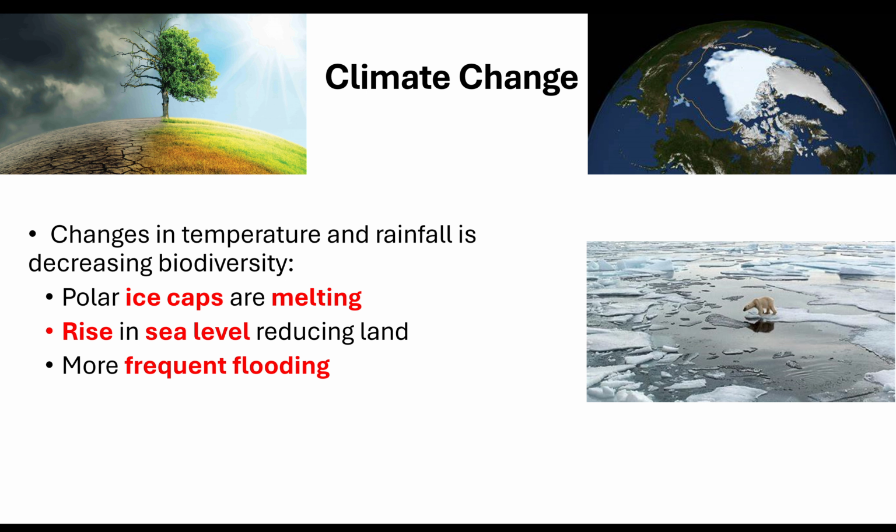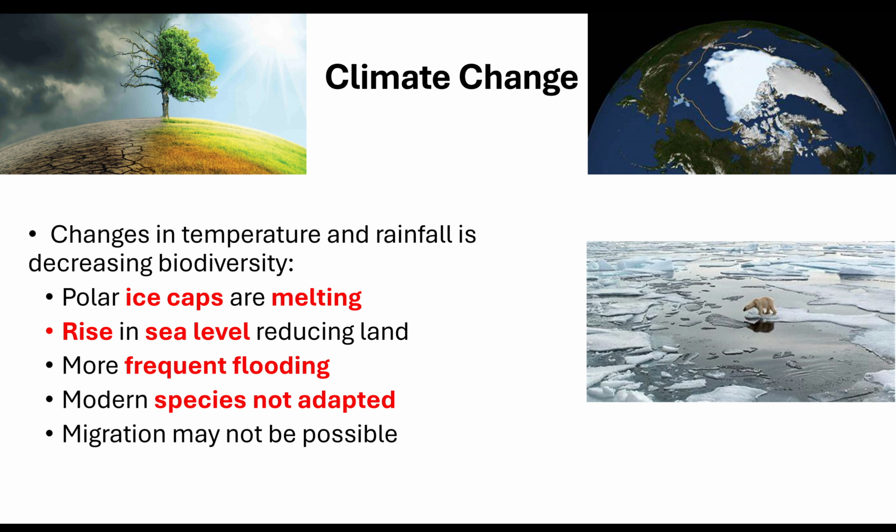So only certain plant species can actually thrive in flooded environments, because if you are changing the environment, you are therefore changing the way the plants can actually absorb the water by the process of osmosis. If there are too many mineral ions there, that's going to have an effect on the way the plant absorbs the water. Also, you've got your modern species not adapting to those changes in the climate. So it's important that we note that the changes in temperature and rainfall are going to have an effect on the biodiversity within those areas.